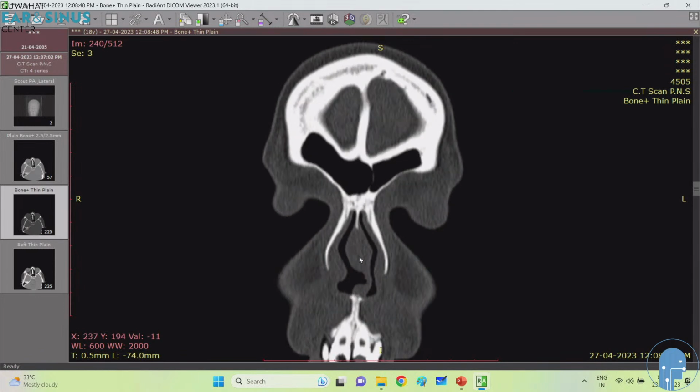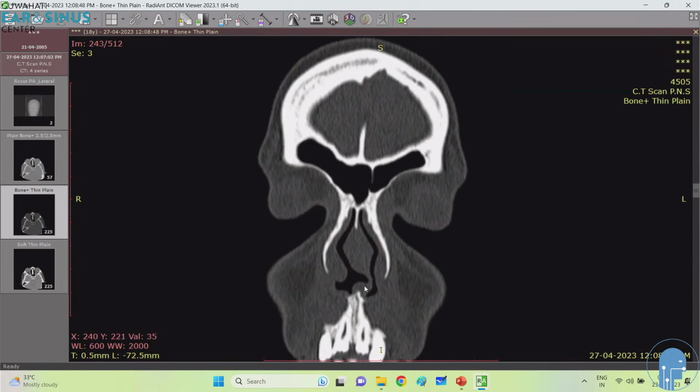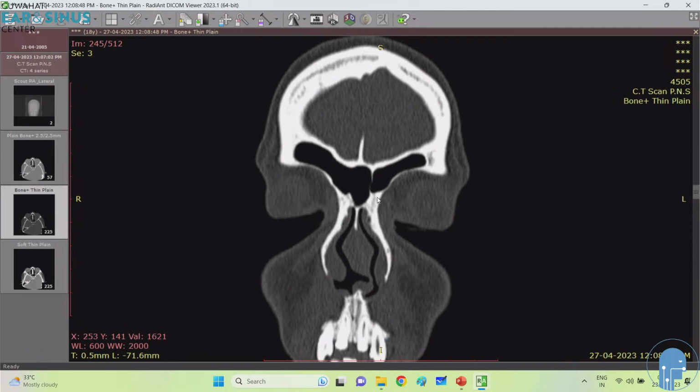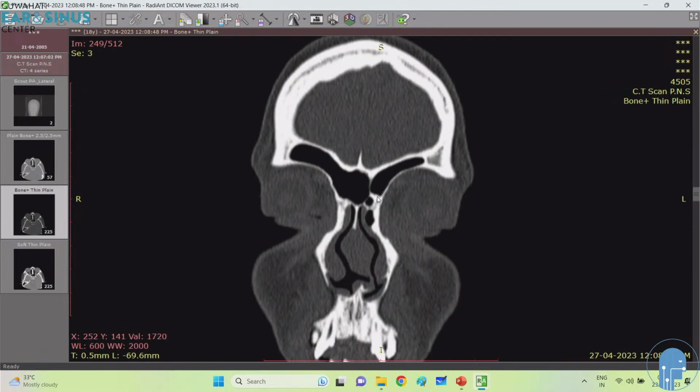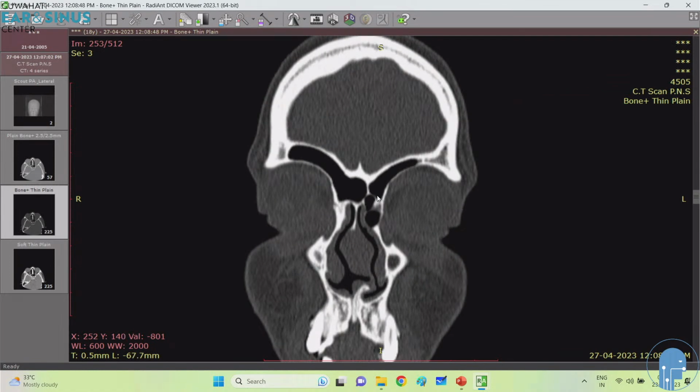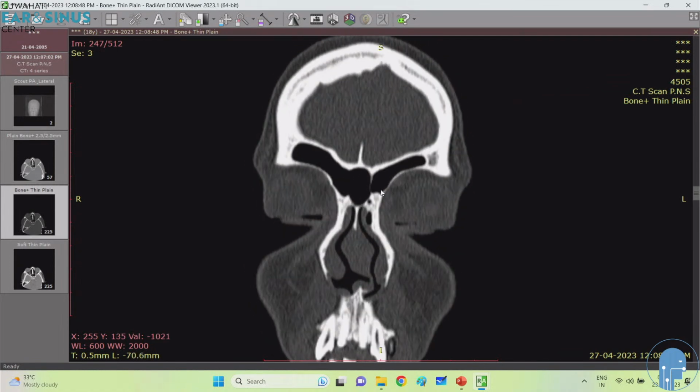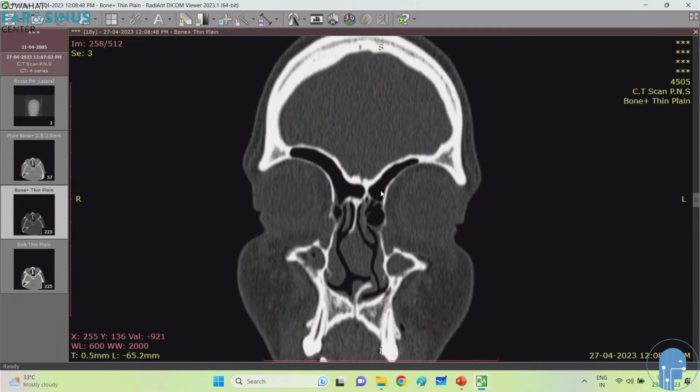Going far posteriorly, we can see there is a deviation in the nasal septum, and this is the thickening of the quadrangular cartilage. Still we can see here the frontal sinus opening because the frontal beak is still intact. Going far posteriorly, here the first cell which appears is the agger nasi cells.